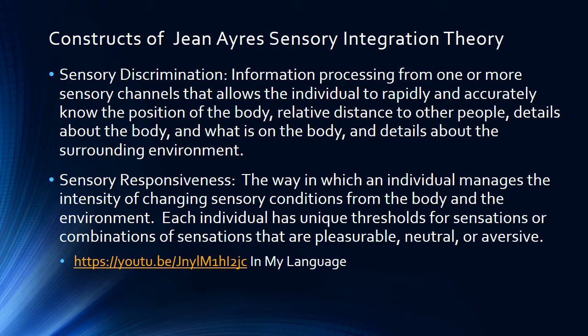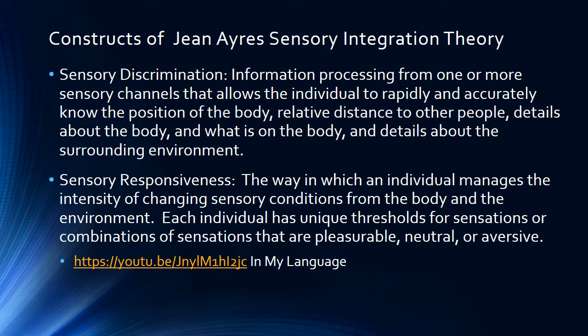Jane Eyre is an occupational therapist who really captured and published what is happening in the human body with the sensory system. And so she talks about sensory discrimination and sensory responsiveness.